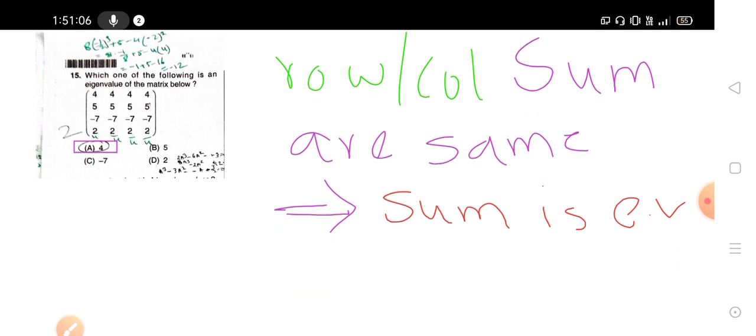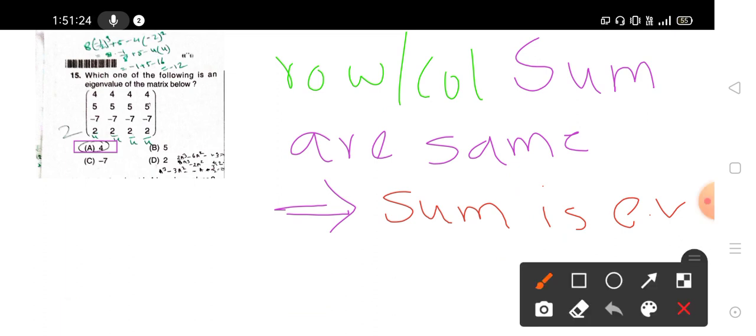Next question: which one of the following is an eigenvalue of the matrix below? This is one standard rule: if the row sum or column sum of the matrix is the same, then that sum is an eigenvalue.